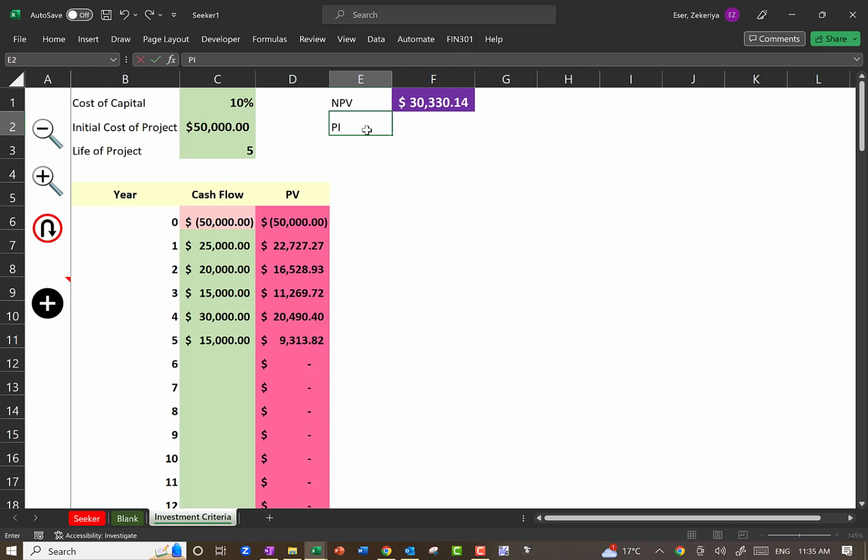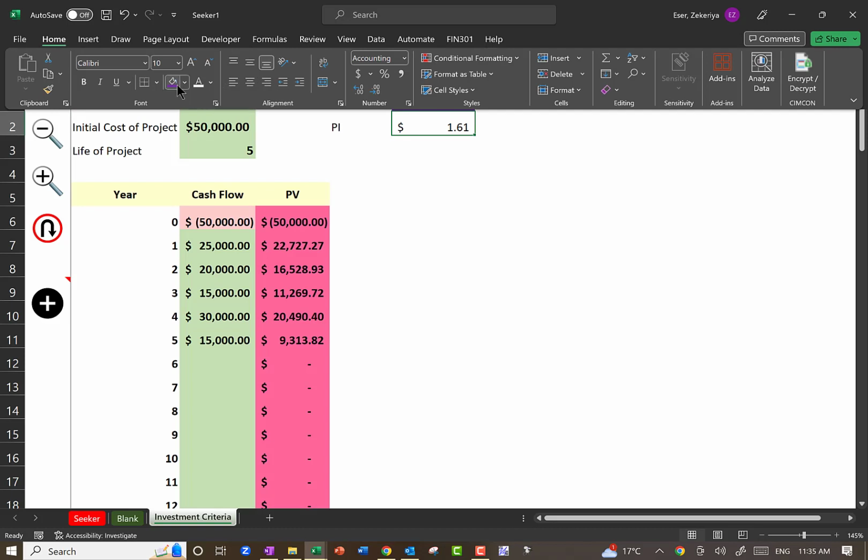I'm going to call this PI. It's short for profitability index. It's basically 1 plus NPV divided by initial cost. Let me make that purple too.